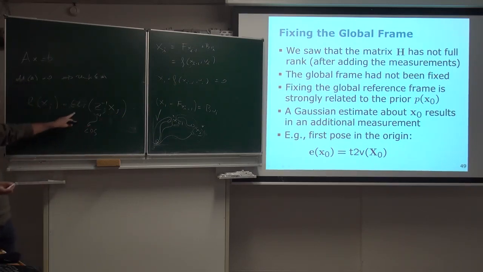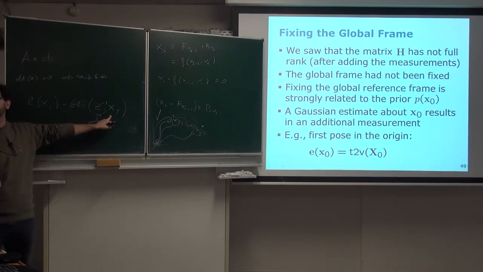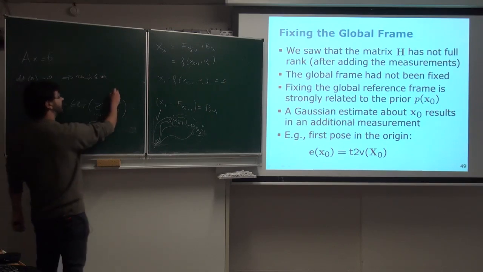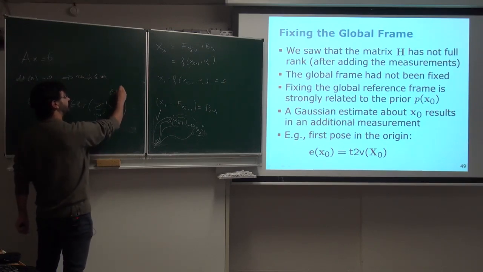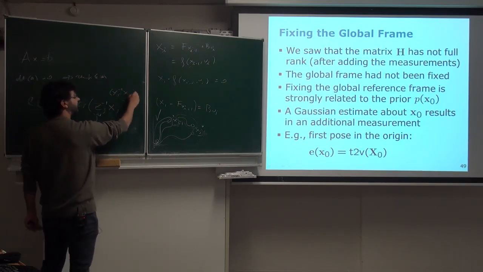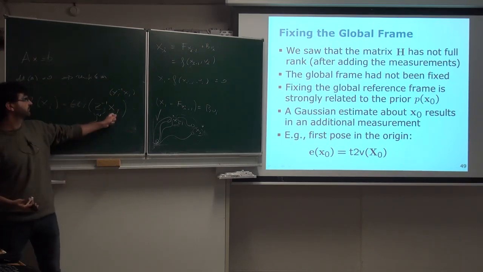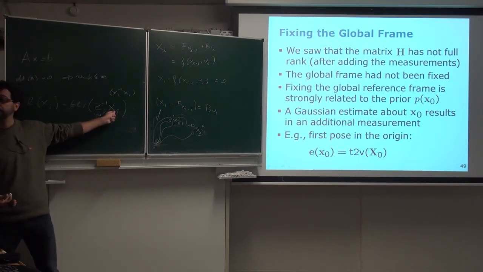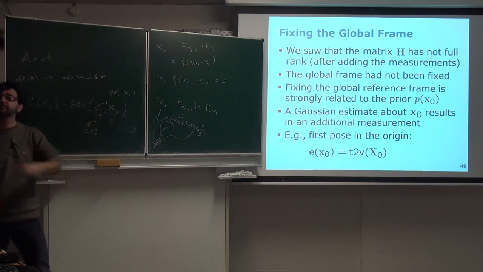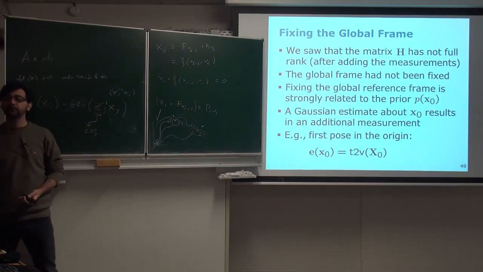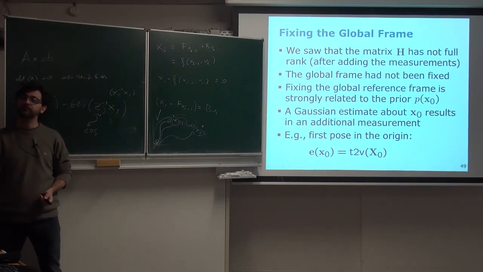This is different from what we have seen before for the relative measurement, because we don't have here the x_j minus 1 x_i as before, but we have a direct measurement of one of the x's. Okay? If we have this kind of observation, if we have at least one of them, then we have a full rank system after that.